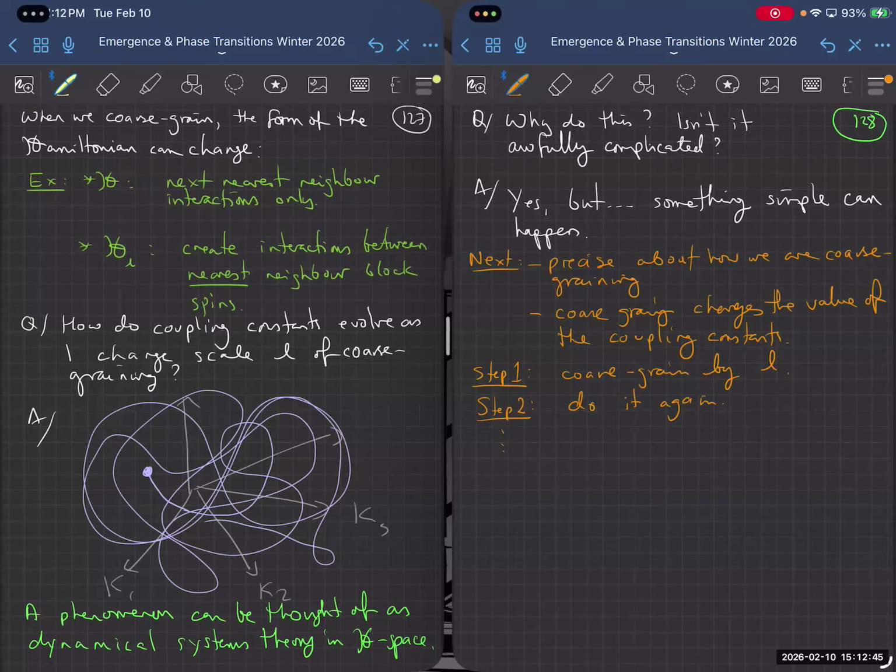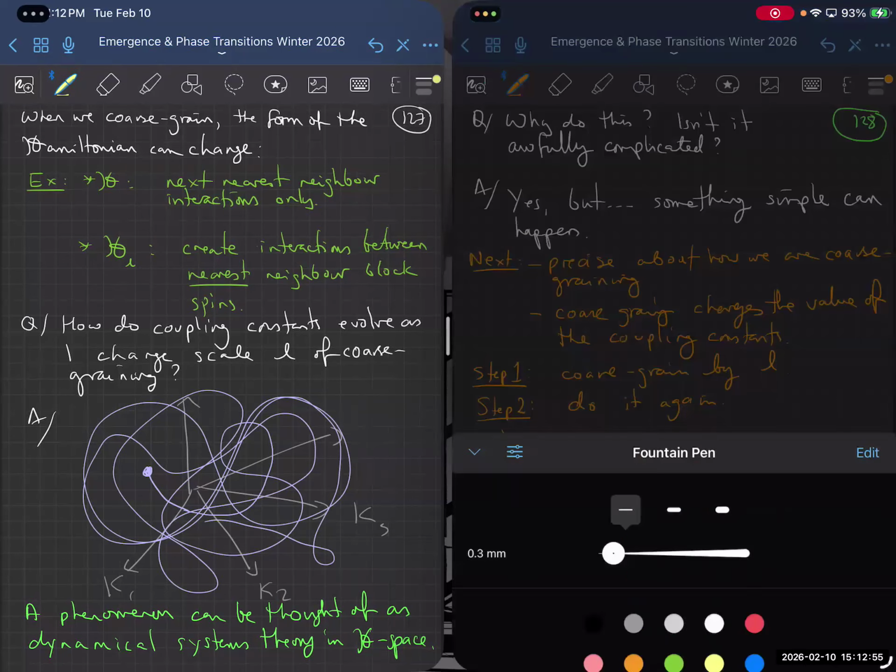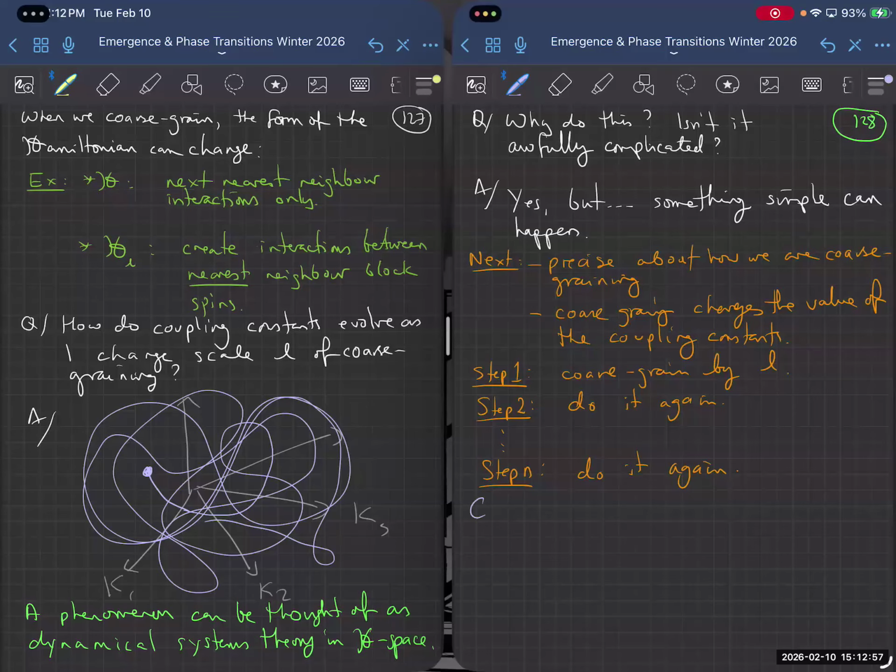And then you say, well, that was great. So let's do it n times. Let's do it again. So the result of doing that is that I've now coarse grained by L times L times L, blah, blah, blah, which is L to the power n.